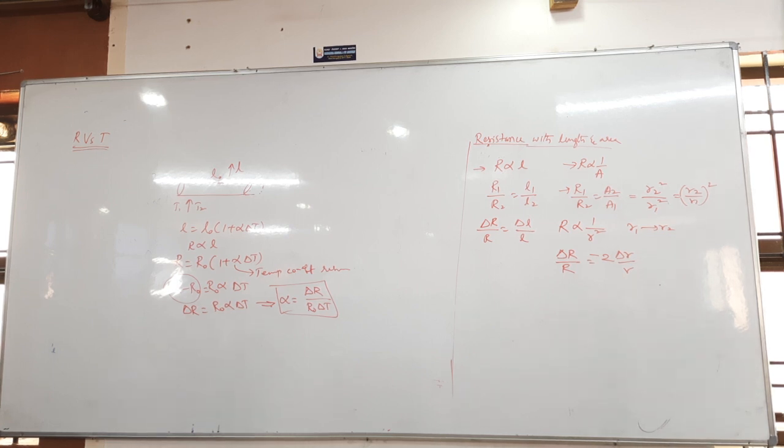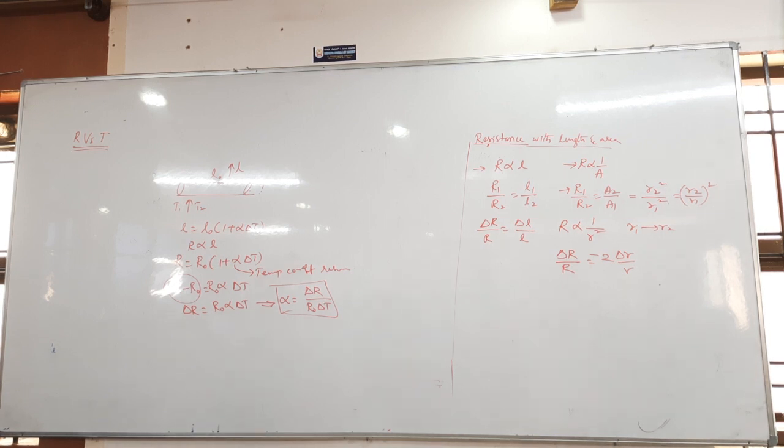A wire has a resistance of 2.5 ohms at 100 degrees Celsius.